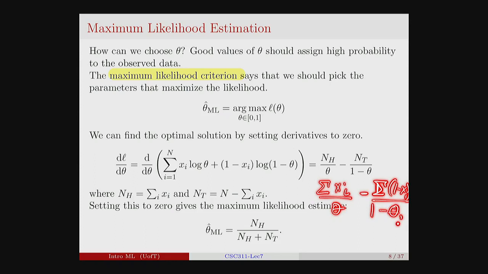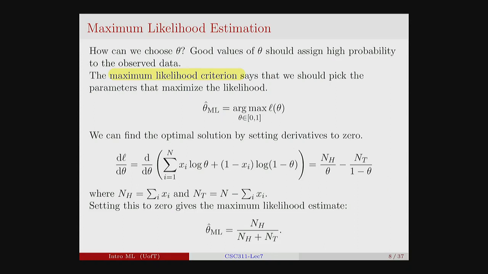It's important to note that the summation over xi does nothing other than count the number of heads in your data set, and the summation over 1 minus xi counts the number of tails, which is why we can replace them by nh over theta and nt over 1 minus theta respectively. And so this is the derivative of the log likelihood of a Bernoulli random variable under n different trials of flipping coins.